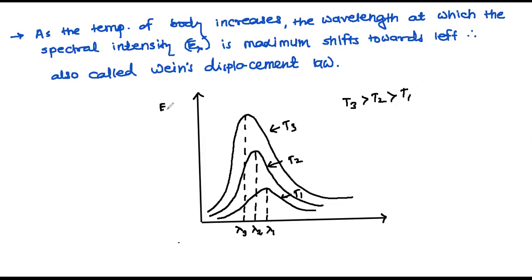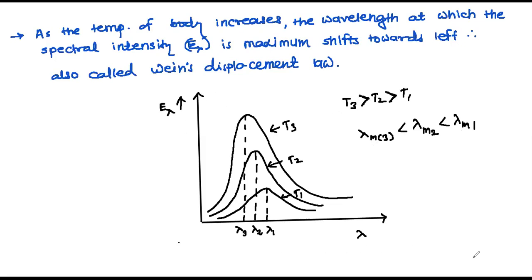Lambda m3 is less than lambda m2 is less than lambda m1. It is reverse: temperature is more, lambda is less.